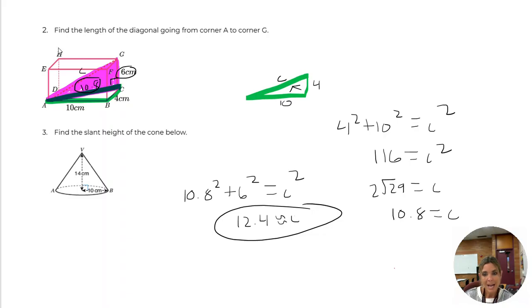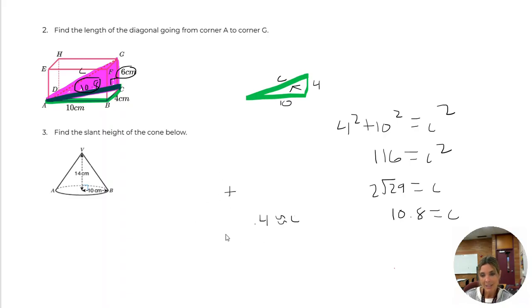Okay, last one, find the slant height of the cone below. So you need to know that on a cone, the slant height is the diagonal. This is the slant height. And in order to find this slant height, we are going to use this height, which is a leg, and this radius.